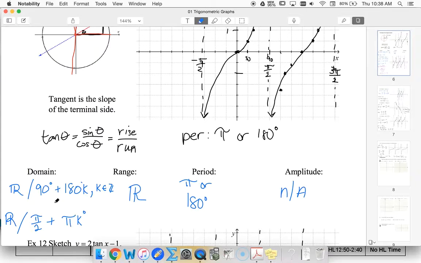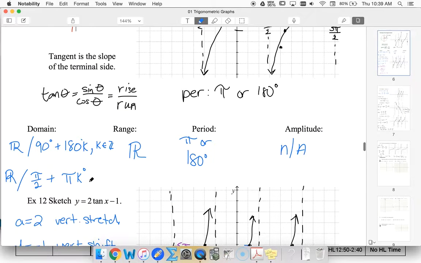The other way I could think about this is that my asymptotes for radians are at pi over 2, 3 pi over 2, 5 pi over 2, negative pi over 2, negative 3 pi over 2. So I could also think of that as odd integers of pi divided by 2.